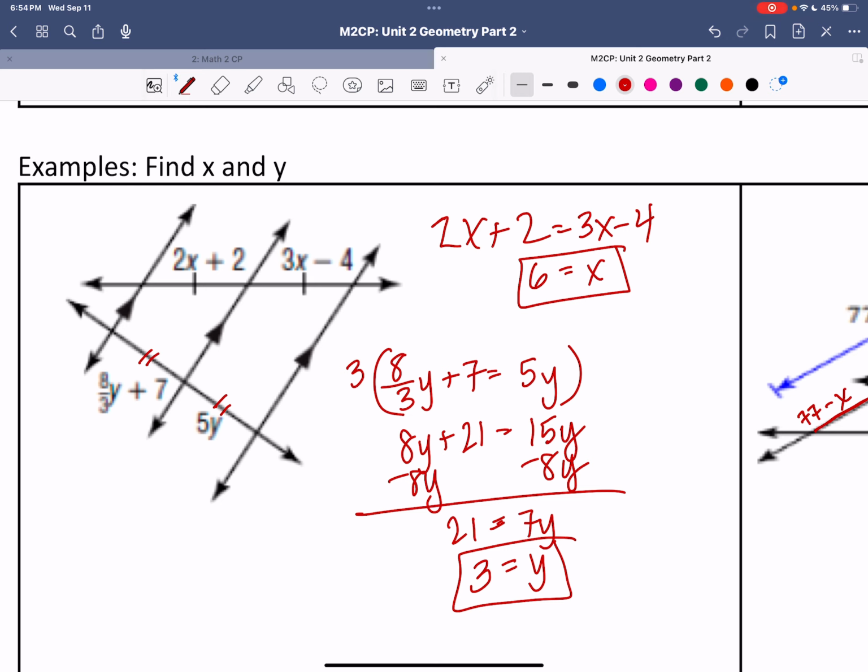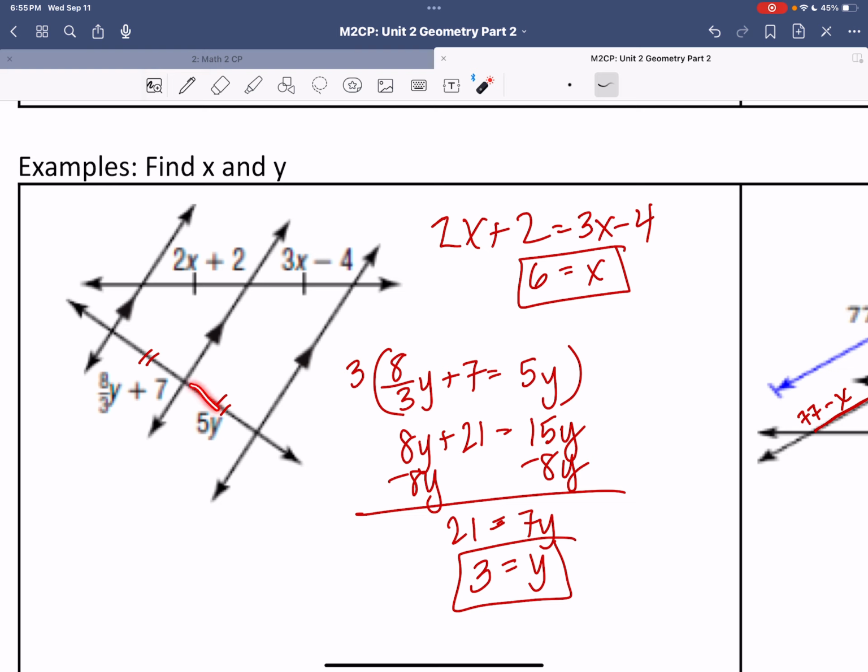I would solve for x first, because I know this is going to be equal to this because these are congruent. So that's why I did 2x plus 2 equals 3x minus 4. When you solve for x, you get that x equals 6. So this is 6.